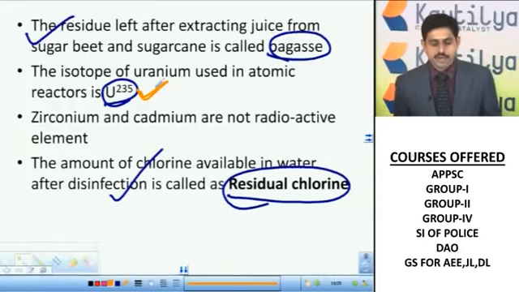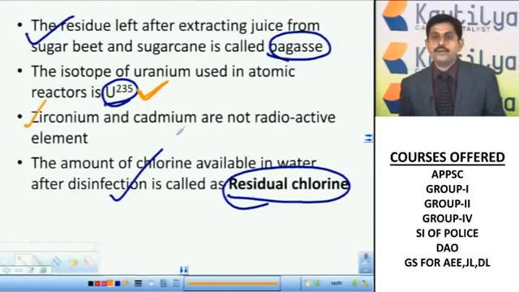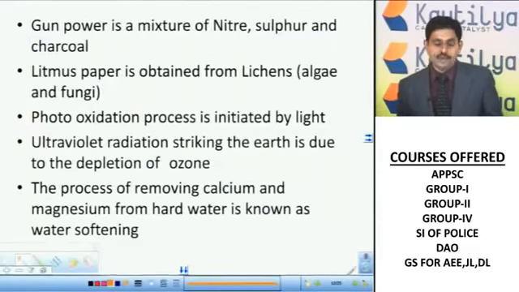We know that uranium is used in atomic reactors, but you may get the question: the isotope of uranium used in atomic reactors is U-235. Okay, already we have discussed this point, that zirconium and cadmium are not radioactive elements. If uranium disintegrates, finally it is converted to lead. Zirconium and cadmium are non-radioactive elements.